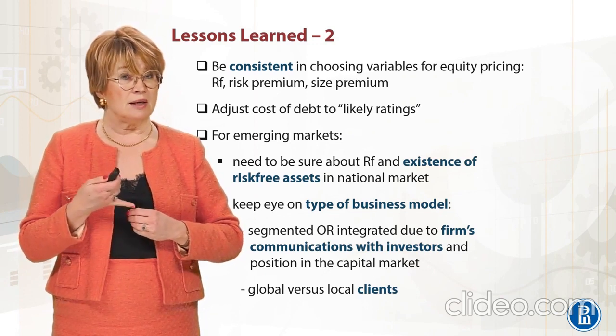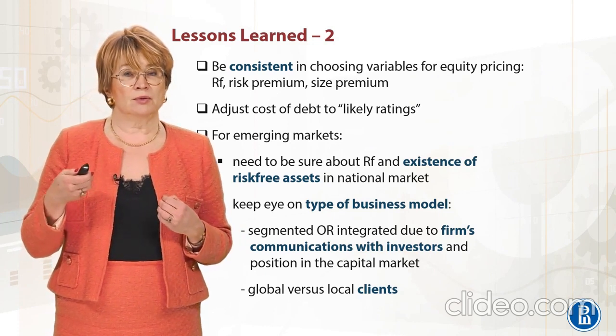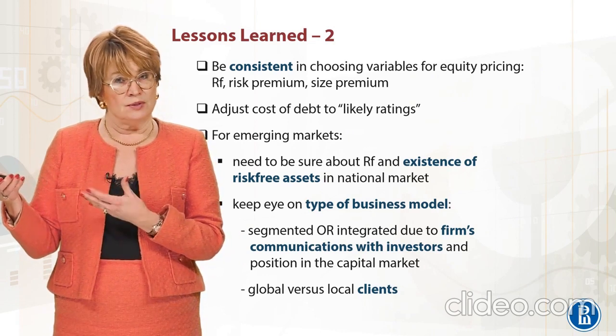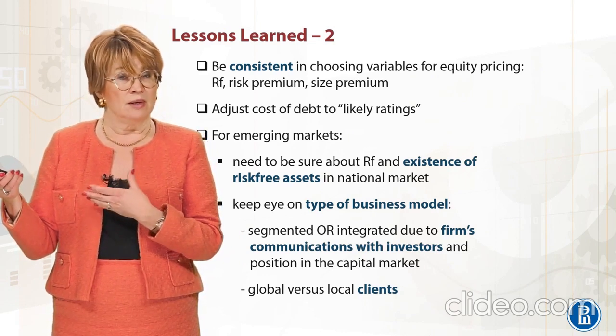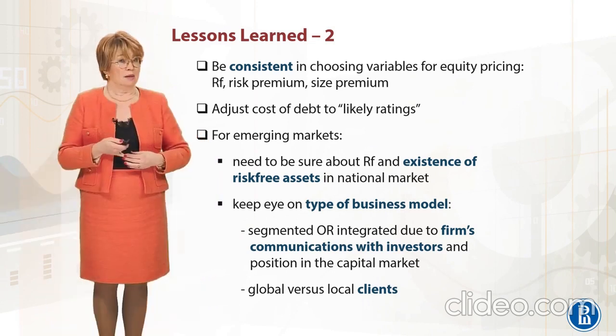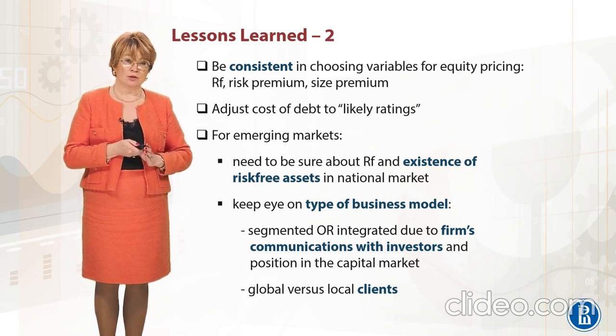We already discussed how the cost of debt should be found for companies which do not currently have bonds outstanding, do not have yield to maturity on their corporate bonds, and do not have officially assigned credit ratings by the professional rating agencies.